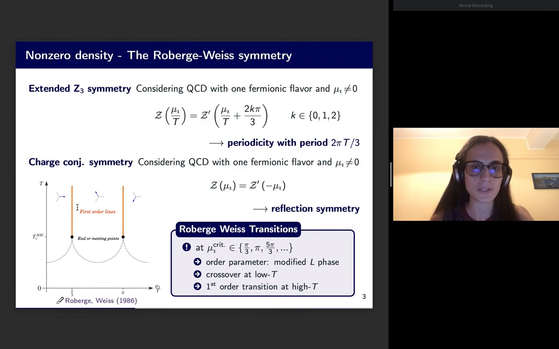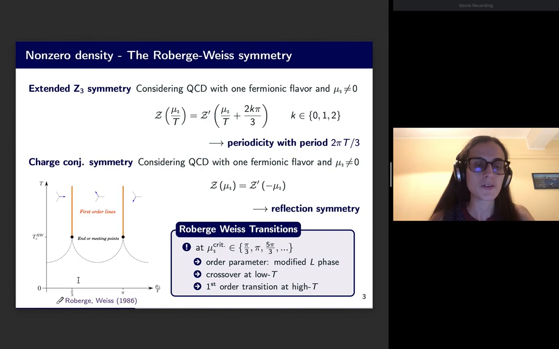ranges of chemical potential, which leads me to the next point, which are these Roberts-Weiss transitions that happen at pi/3, at pi, and if you continue at 5pi/3, and so on and so forth. The order parameter is the modified L phase, at least the one that tells you where you are with respect to this temperature.